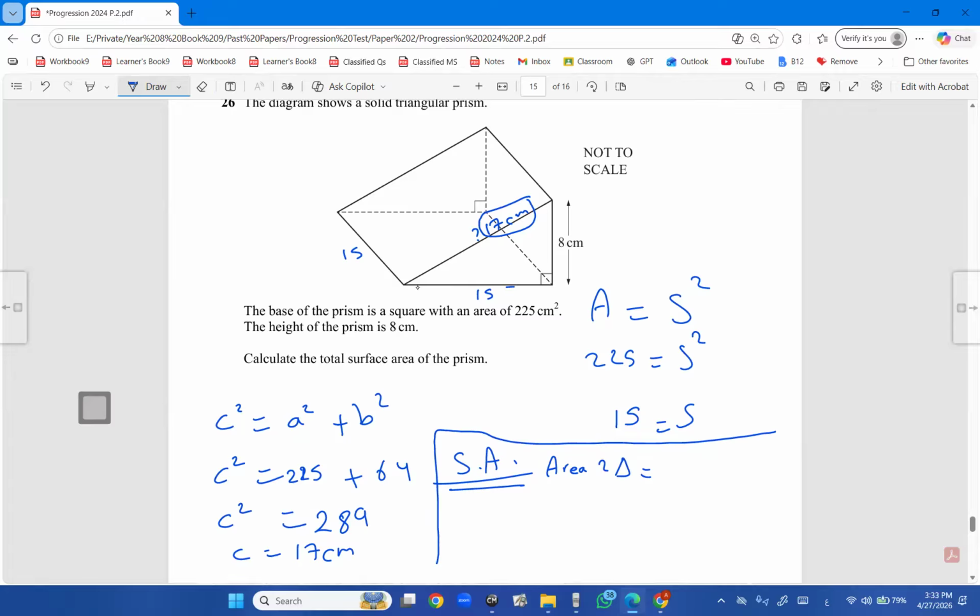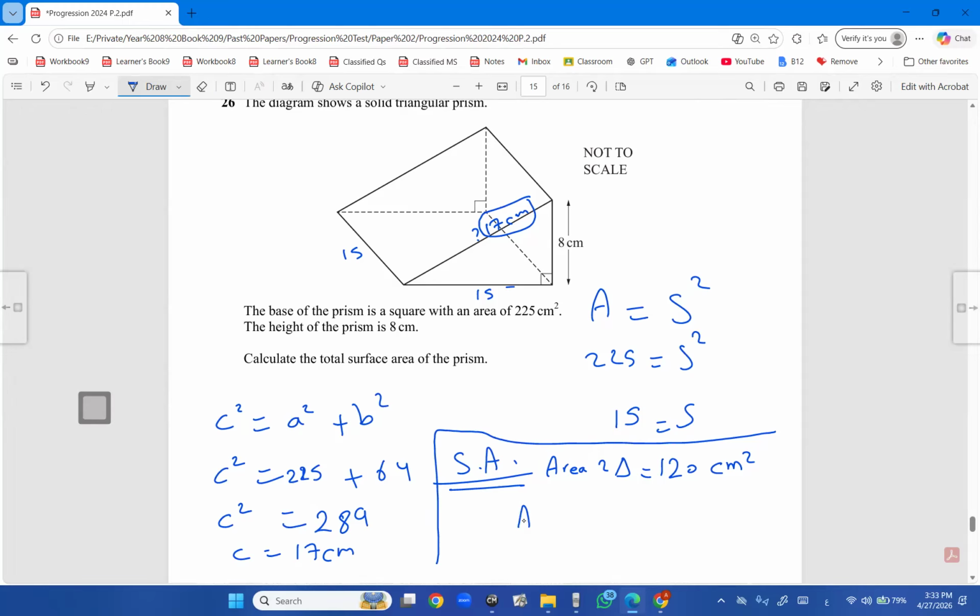Base times height divided by 2, then you double it because I'm going to find the 2 triangles together. So you can just simply say base times height, which is going to give you exactly 120 centimeters squared. This is the area of one triangle, but doubled.